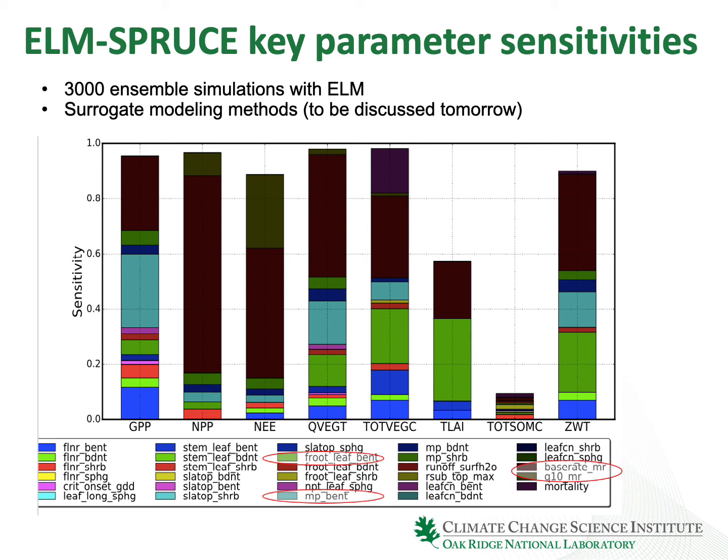So by understanding which parameters or sorts of plant traits drive the variability in these outputs, that gives us some idea of what we might need to go out and measure more carefully, or processes that we might need to understand in more detail at this experiment.